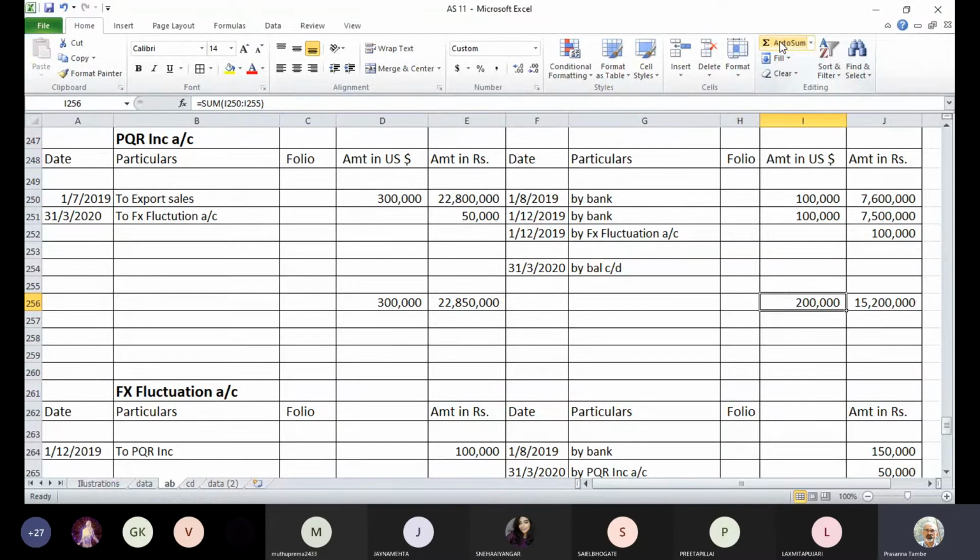On the credit side, the balancing figure in dollar amount is $1 lakh, and in rupee terms, the outstanding amount, if you calculate, is 76,50,000. These are the balancing figures at the end of the year.